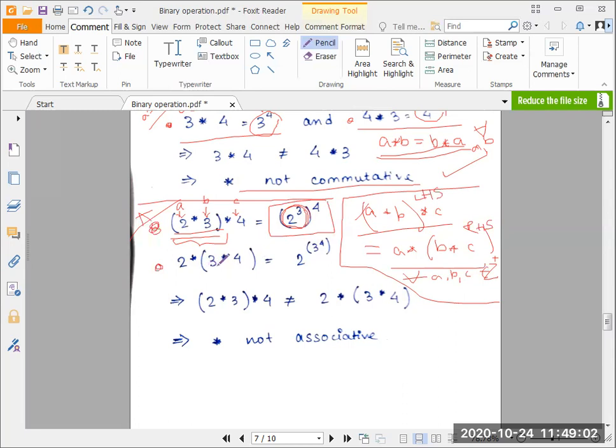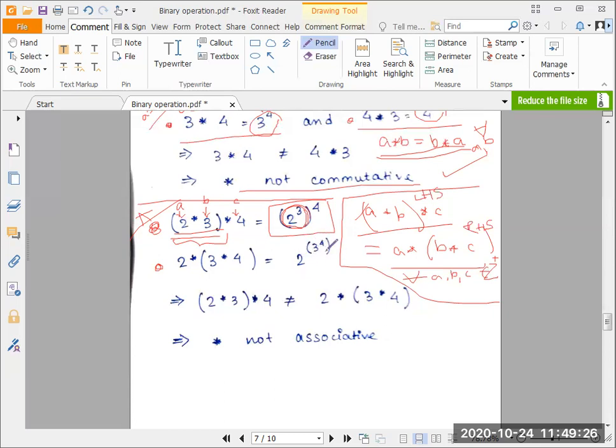The difference is that on the left the bracketed portion is a single number, 2 to the power 3, and that entire number is raised to the power 4. But here, first I raise 3 to the power 4 and then I raise 2 to that number.